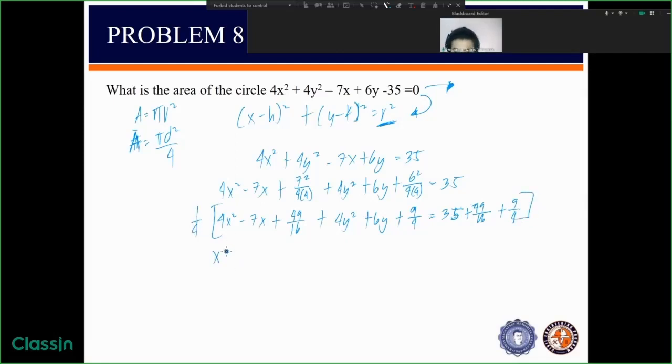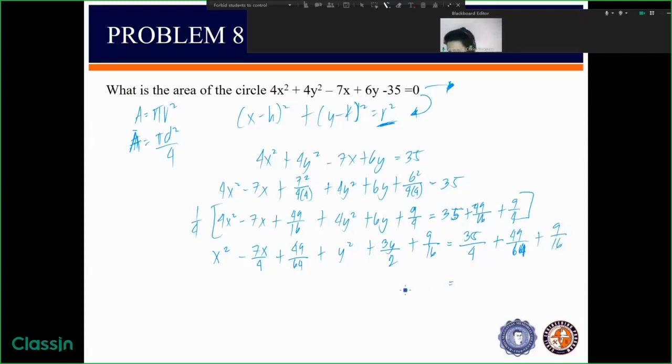So, bali dito magiging x squared na lang minus 7x over 4 plus you have 49 over 4 times 16, you have 64, plus y squared plus 3y over 2, masisimplify yung 6 over 4 sa 3 over 2 plus 9 over 16 equal to 35 over 4 plus 49 over 16 times 4, we have 64. 64 na to, plus 9 over 16.